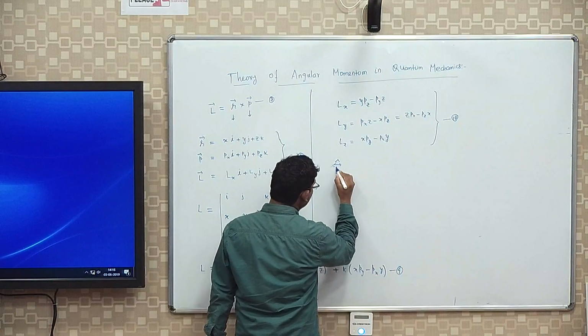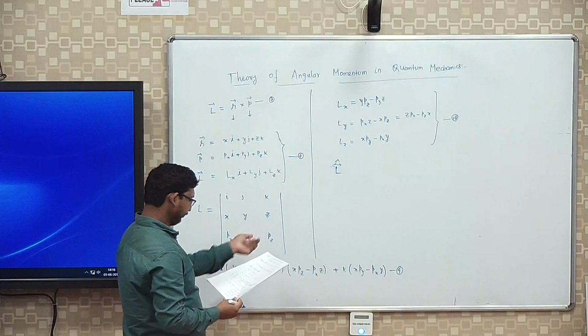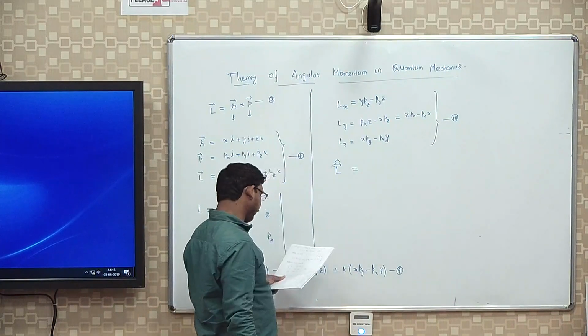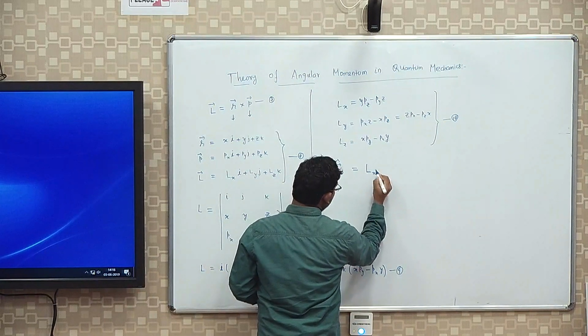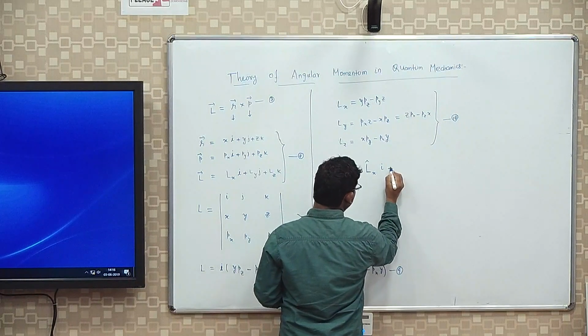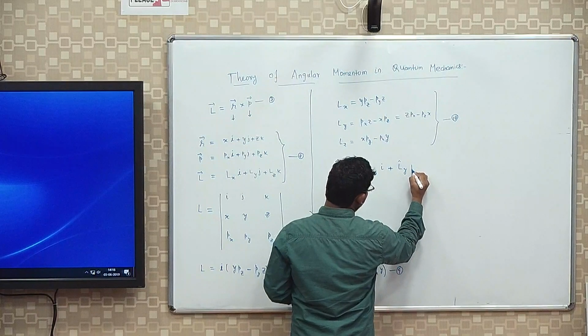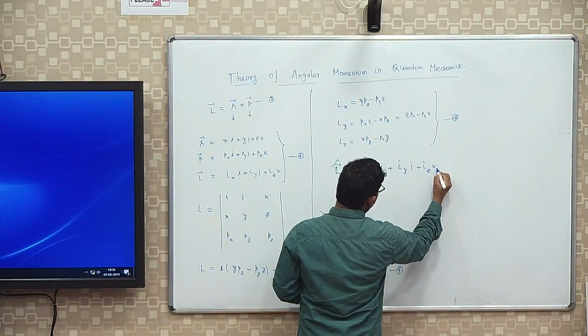This is an operator. So if we write it in the operator form of this equation, then Lx operator in i vector plus Ly operator in j vector, Lz operator in k vector.